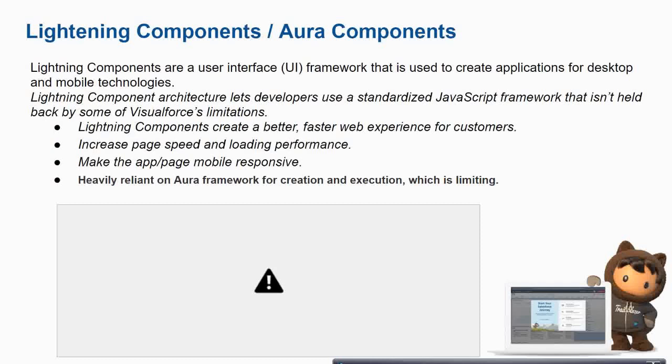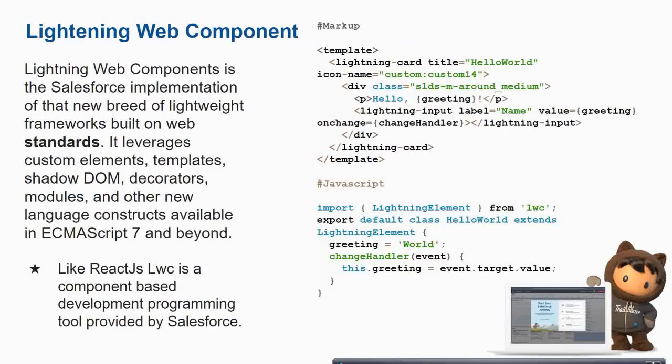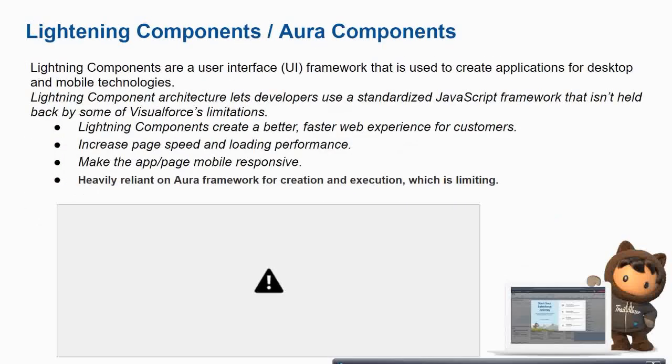These components render, so you can render a particular component of a page instead of refreshing the entire page. This gives more of a single page application feel. You don't need to have multiple page reloads. That's what a Lightning component does.